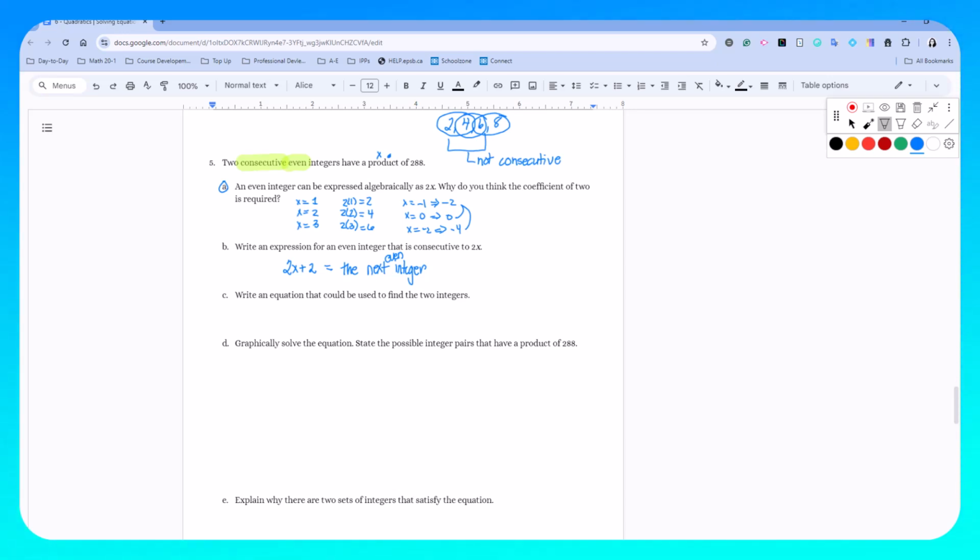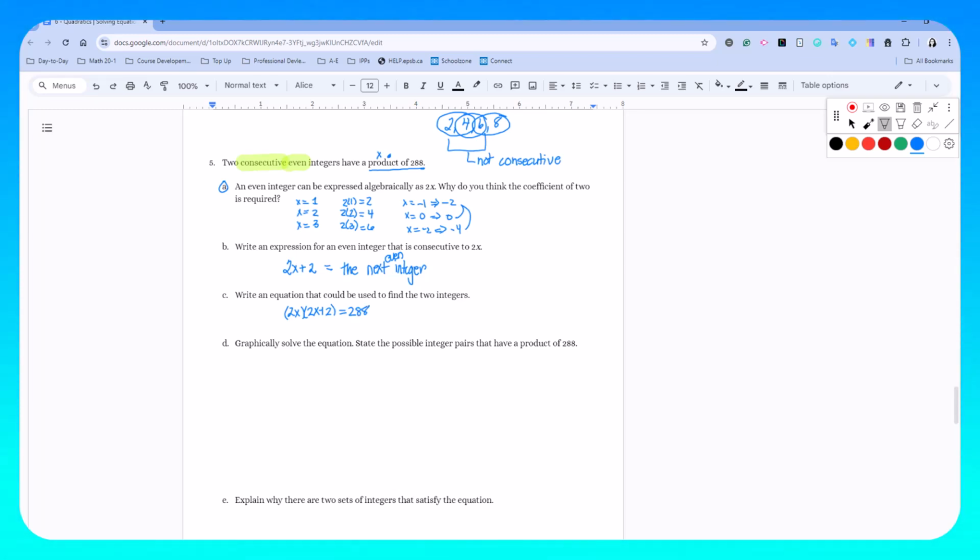Part C. Write an equation that could be used to find the two integers. Well, we know that if we multiply them together, the product has to equal 288. So 2x, which is the first one, times 2x plus 2 has to equal 288.